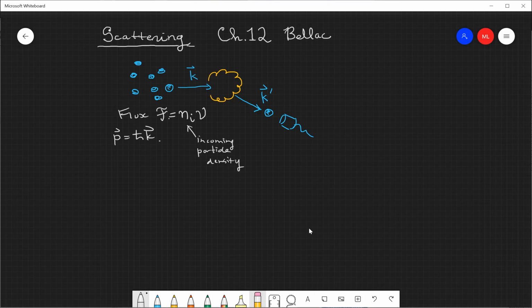And then, of course, there's something that happens in the interaction region. Often it's interacting with some target particles, say. So usually some kind of target in here, and maybe they also have some density, NT.